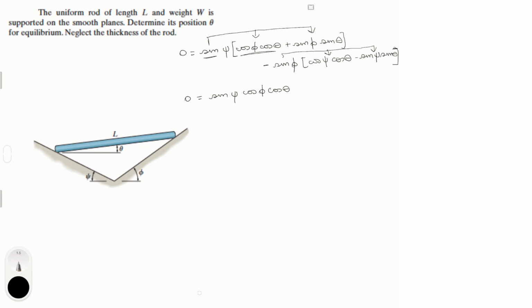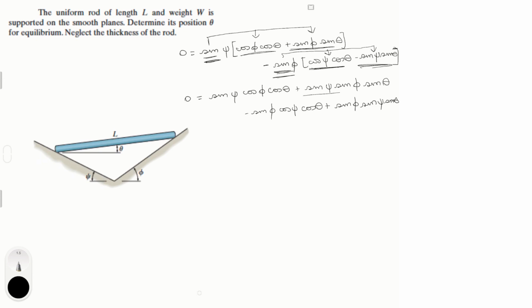Now sine times the second term is going to be sine of psi, sine of phi, sine of theta. Now this is this term times this term. Now I'm going to multiply this term times this term, which is minus sine of phi cosine of psi cosine of theta, plus, that's this times this, and now I'm going to multiply this times this, and it's going to be sine of phi sine of psi sine of theta.